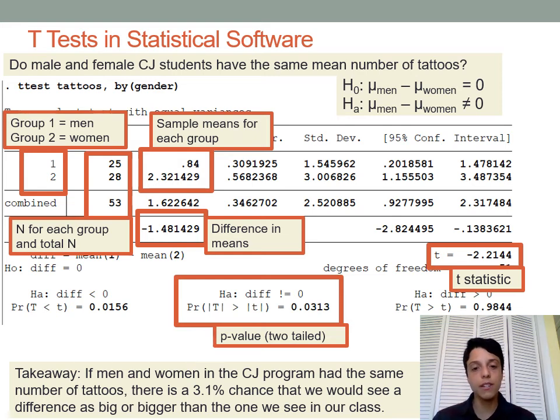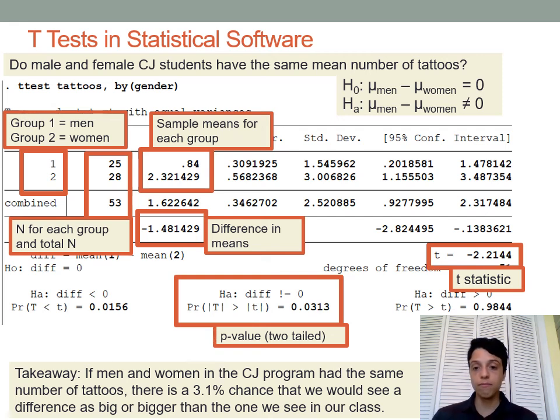The interpretation here would be the same as the interpretation for this p-value and t-statistic and all that we saw. The nice thing about this is that instead of going through it by hand and drawing pictures and all that other stuff, what you type into the program would be t-test tattoos by gender, and then all this would come out and you would have your answer. So this is how it's typically done when t-tests are run in the real world.